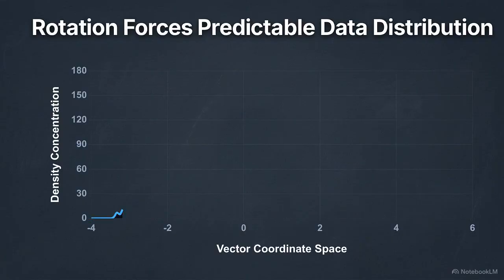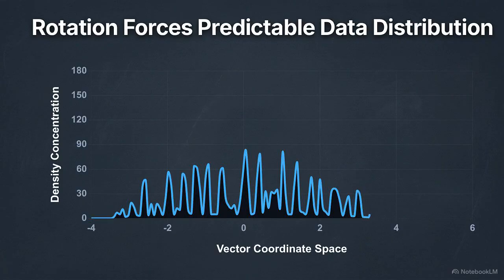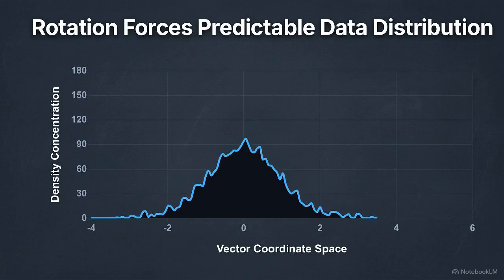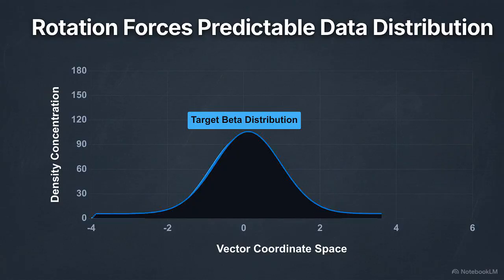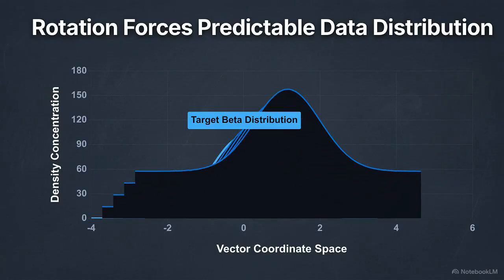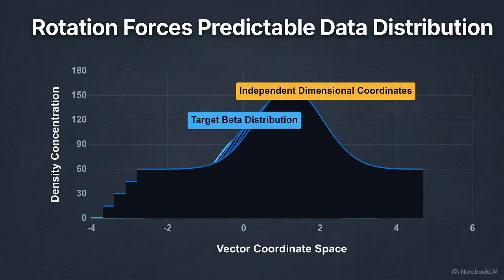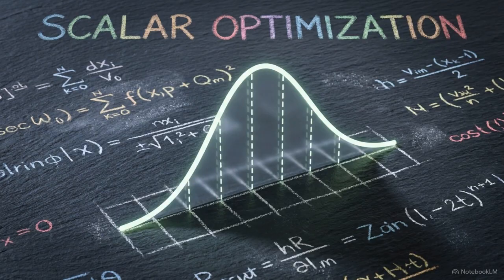This rotation forces every coordinate in the vector to follow a predictable beta distribution, regardless of the coordinate's original value. In high dimensions, coordinates become nearly independent and converge toward a specific, known concentration of measure. Because this distribution is fixed and predictable, the system uses a pre-calculated Lloyd-Max scalar quantizer.